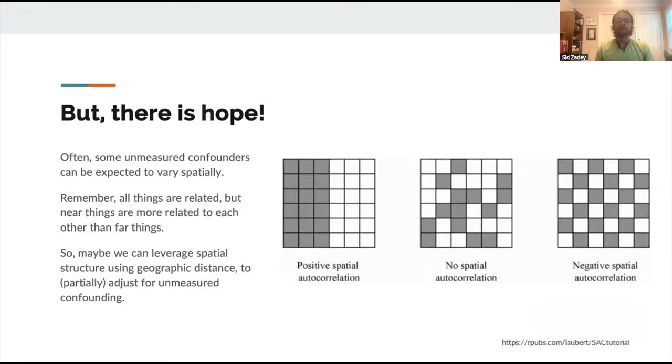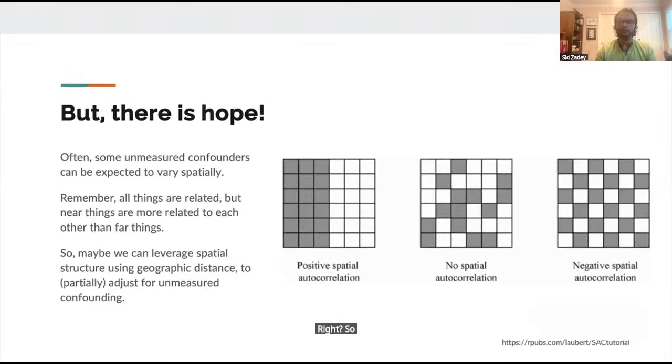So we can leverage this spatial structure of correlation, measure it using some metric, whatever we want, like spatial autocorrelation, like Moran's or a whole bunch of distances. We can say that this metric now acts as a proxy of at least a chunk of my unmeasured confounding.